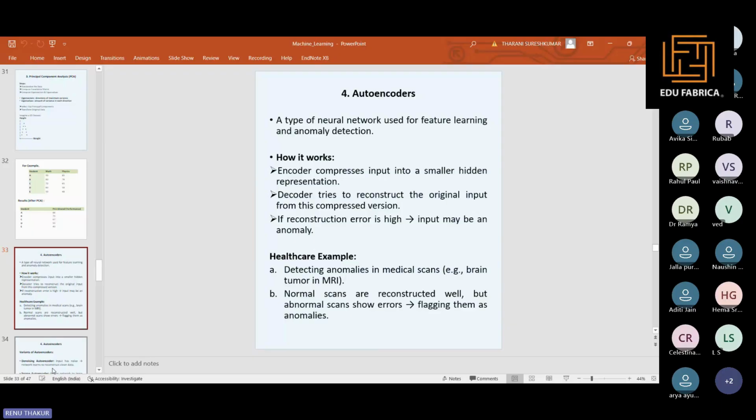An autoencoder is a neural network trying to reproduce its input at the output. The goal is to learn a compressed representation of the input that retains important information. Unlike principal component analysis, an autoencoder can learn nonlinear relationships, so it can handle more complex data.